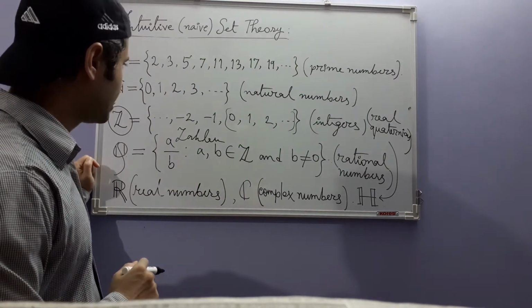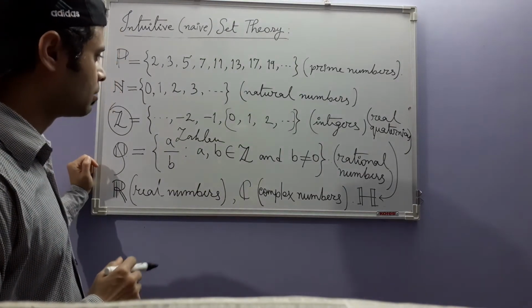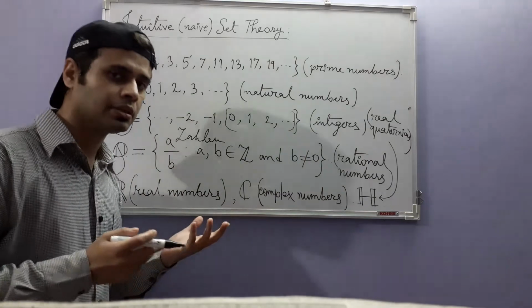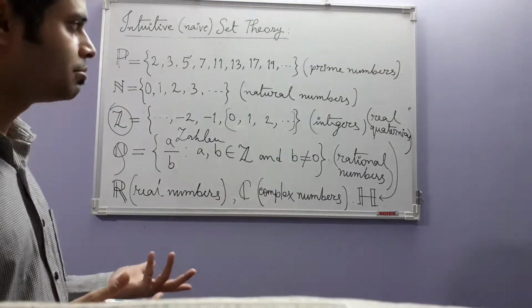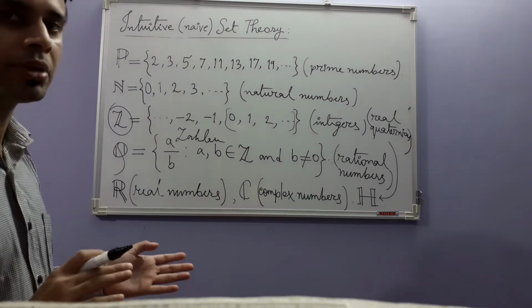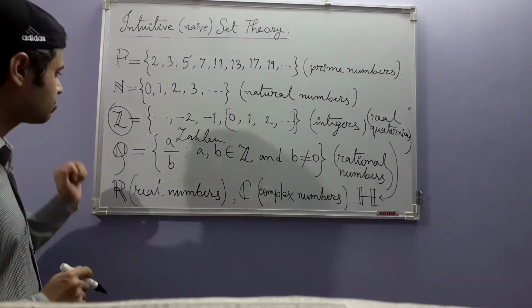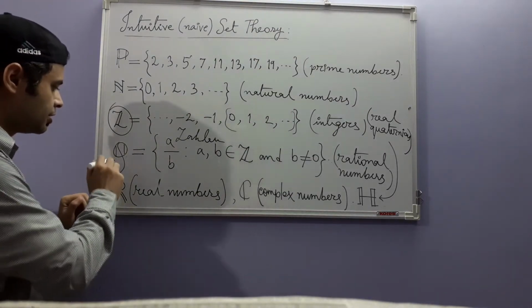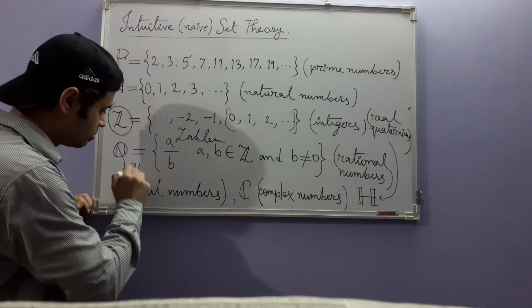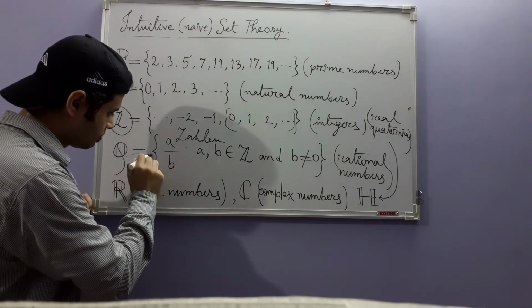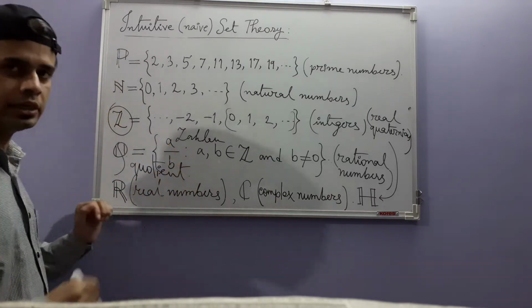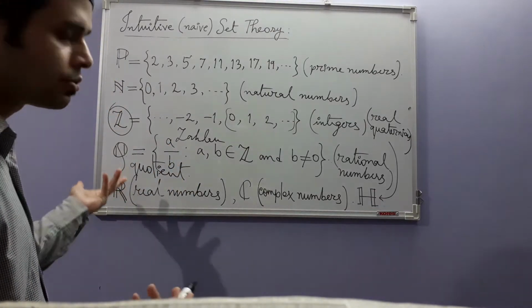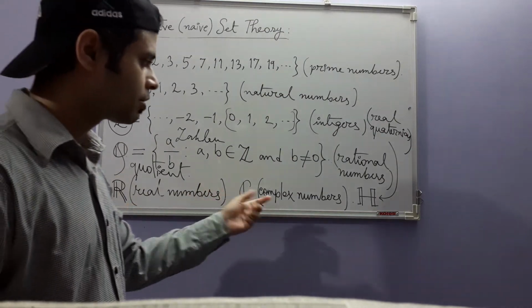This has been used because there have been many great German mathematicians who have contributed many things to mathematics. Q stands for quotient, the quotient of two integers. R of course stands for real numbers, C for complex numbers.